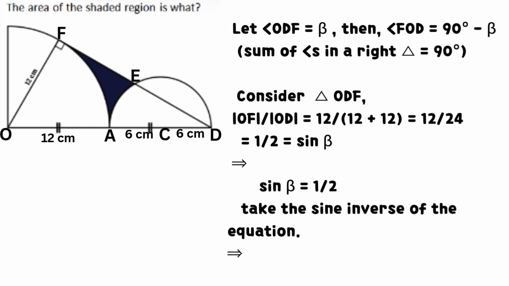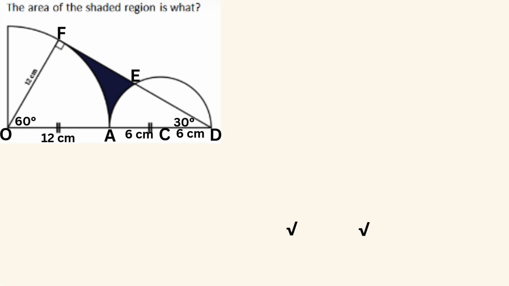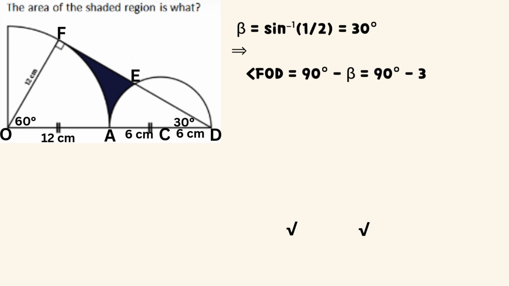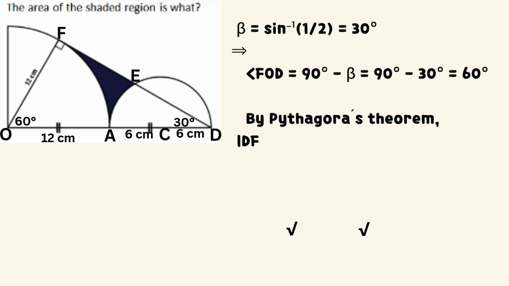Take the sine inverse of the equation. We have that beta equals the sine inverse of half which equals 30 degrees. It signifies that angle FOD equals 90 degrees minus beta which equals 30 degrees.